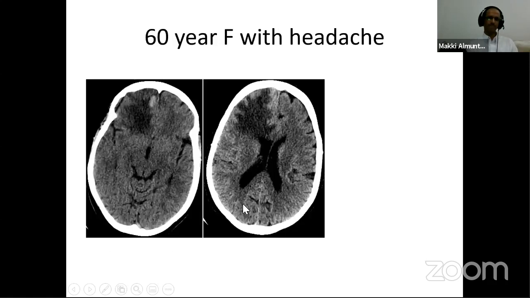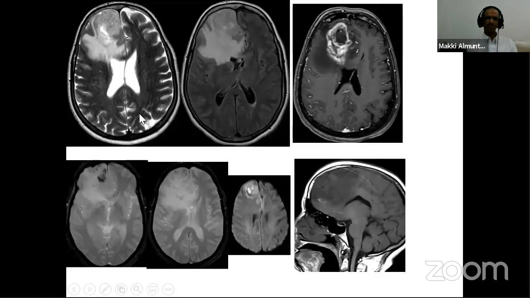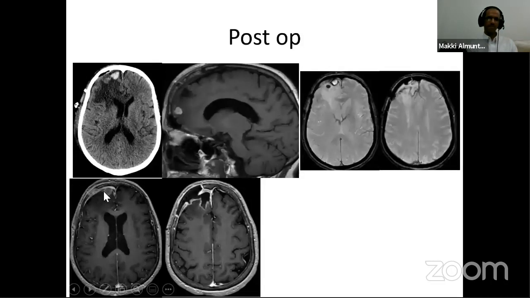or recurrence. This patient has a heterogeneous mass in the right frontal lobe, heterogeneous signal with heterogeneous enhancement, hemorrhages, treated, and in the follow-up, we saw this focus here. And on T2 gradient, it has fluid within it, some enhancement.